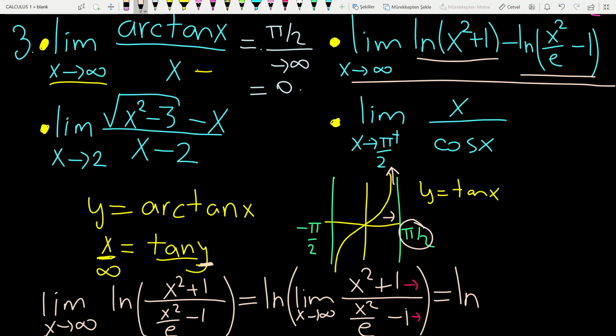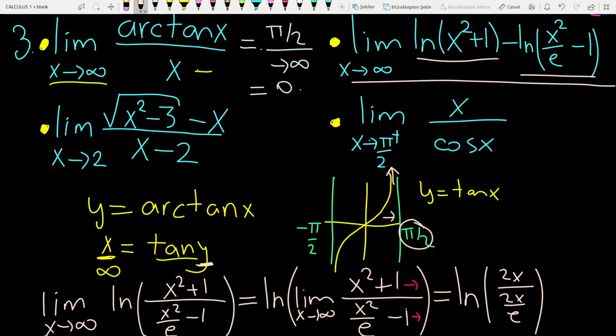In this case, what do you have? You have 1 actually. Okay, what do we have? Let me show you. Let's first apply once. ln of 2x divided by 2x over e.